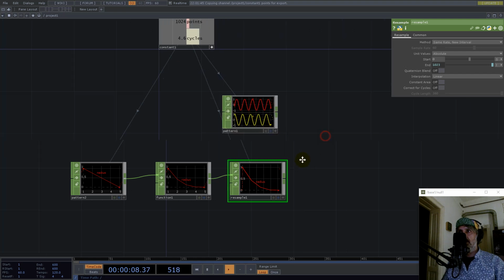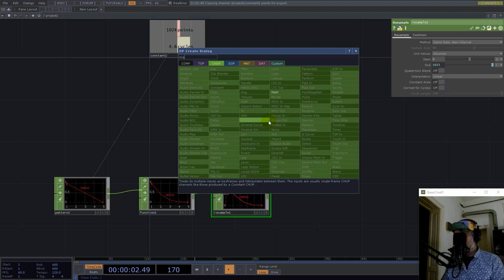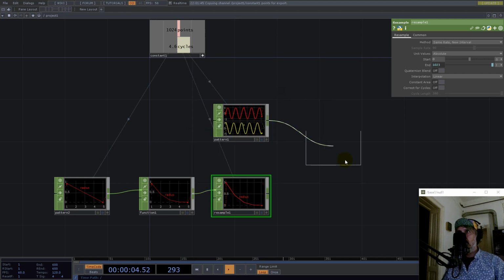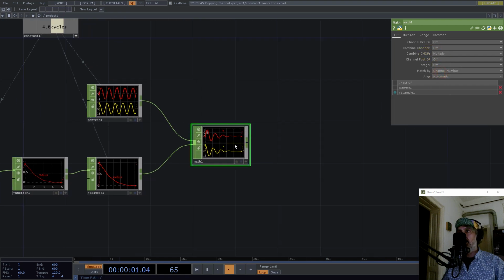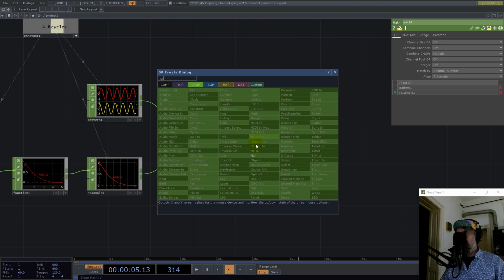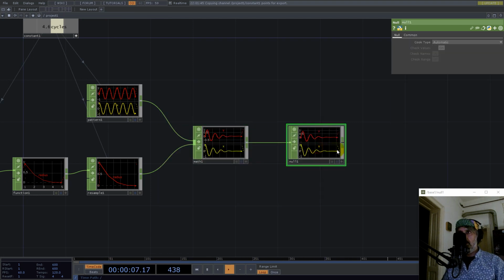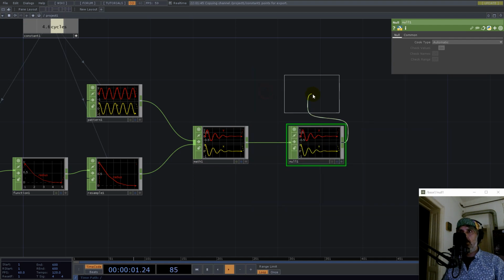What if now I multiply this? So we use a math, okay, and say chops multiply, right? And yeah, let's put a null here, okay, and see what we got now using chop 2.